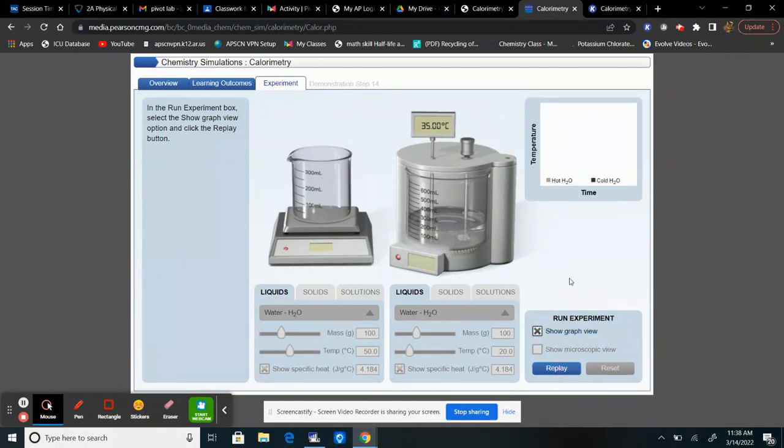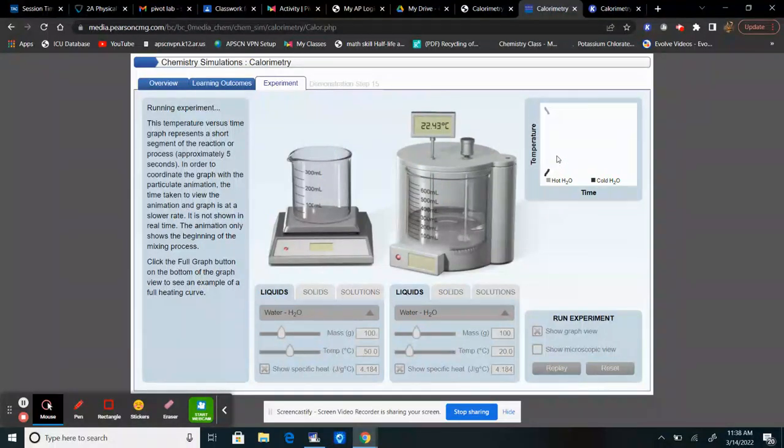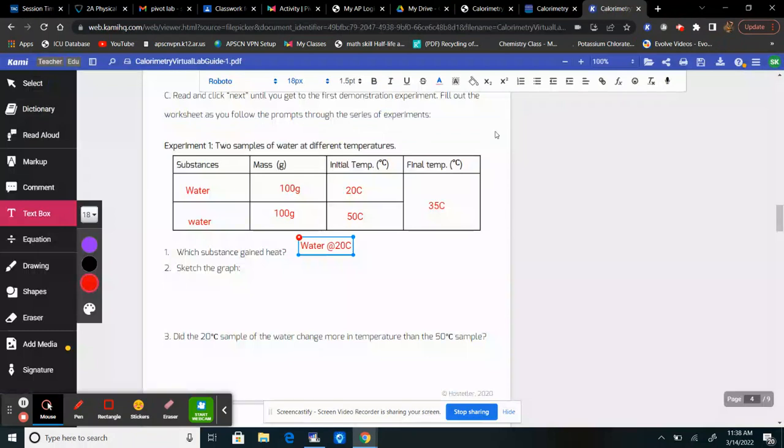Click on the Show Graph button, and it'll replay the experiment, and you can see here, the hot water is losing energy while the cold water is gaining energy. You can take a screenshot of the finished graph, and you can put that here. So you can definitely take screenshots, or you can try your best to sketch it out. That will work as well.